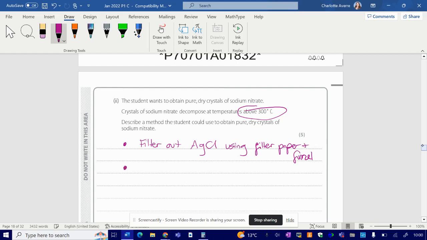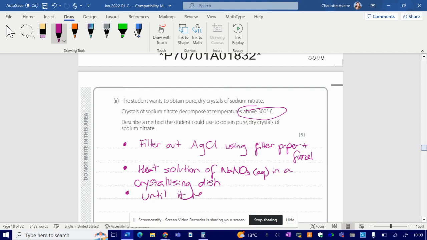Okay, I'm then going to heat my solution of NaNO3 aqueous in a crystallizing dish. I'm going to do that until it reaches the crystallization point, or until the first crystals start to form.